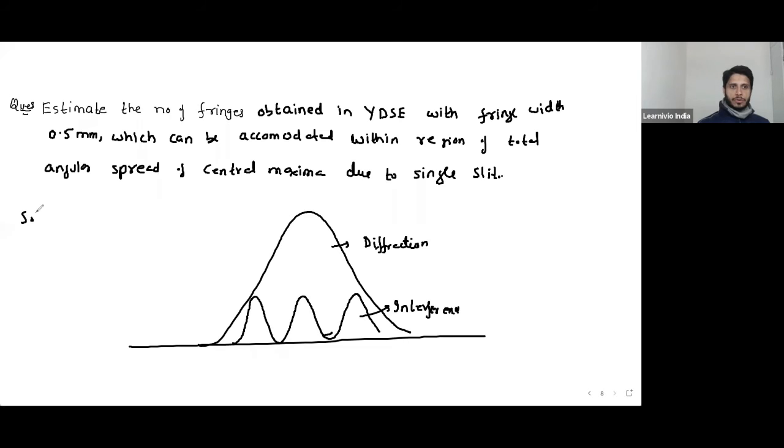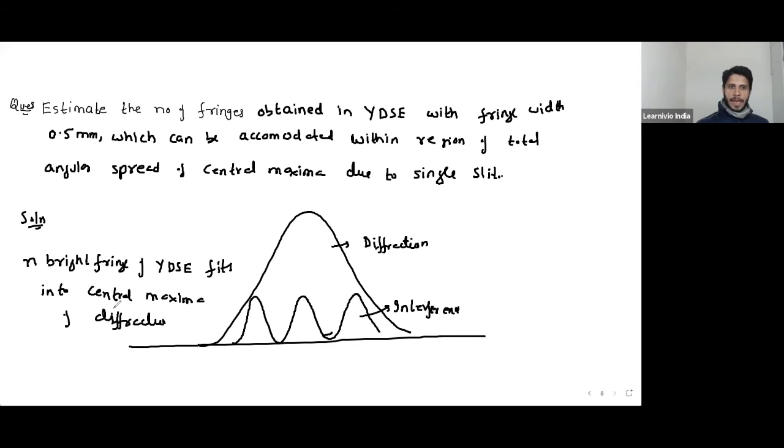To solve this, start this way. Let n bright fringes of Young's double slit experiment, which is interference, fit into the central maxima of diffraction.